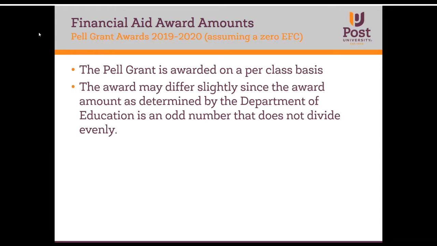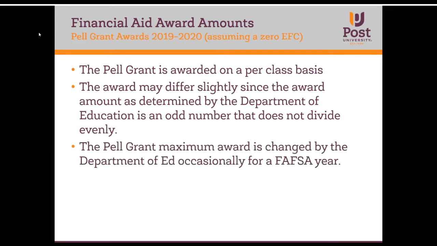Well, the Department of Ed insists on making the federal Pell Grant an odd number, but our terms are an even number. So when you divide an odd number by an even number, you get an odd number. So some of your classes may be $775 for Pell, and others might be $774. That's just because the Department of Ed doesn't allow us to award 50-cent increments.